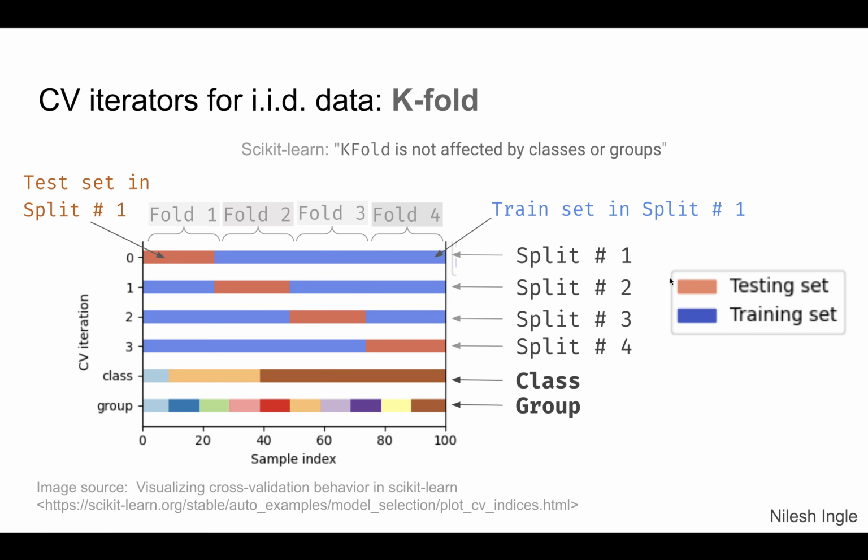And here the rest is the same. So KFold is not affected by classes or groups, but what it means is that we use the KFold method for creating folds on the trained dataset.